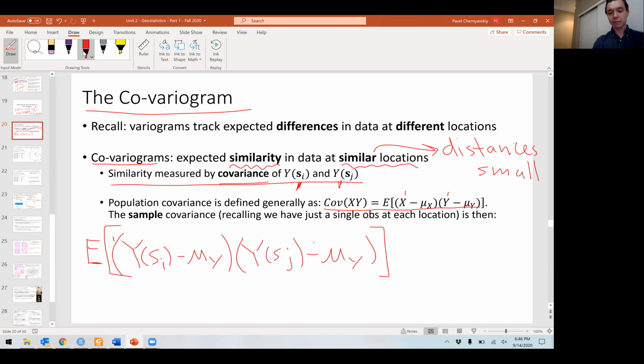And even further, remember that we assume by second order stationarity that our mean is equal to 0. This is the same thing as saying that we work with the residuals. We look at the residuals.